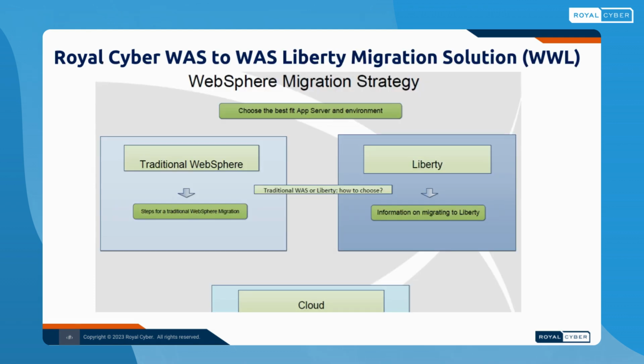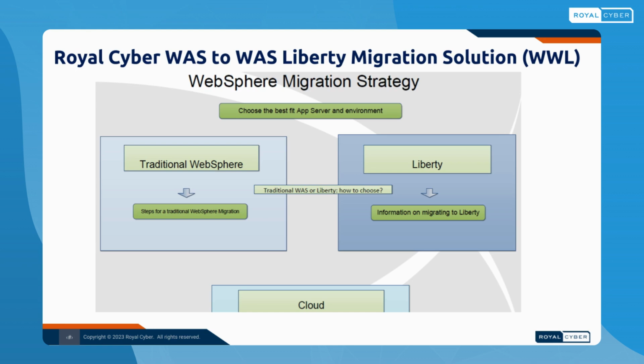Our approach is simple and practical. First, we help choose the right server and environment for each application, because not every app has the same needs. For some apps that need classic WebSphere features, we follow a clear step-by-step migration path. For others, we modernize them to take full advantage of Liberty's lightweight, cloud-ready design.